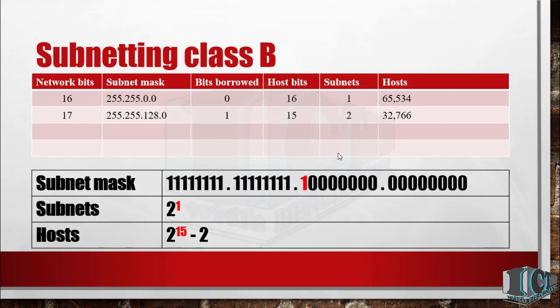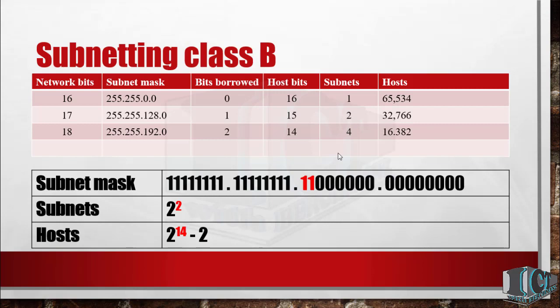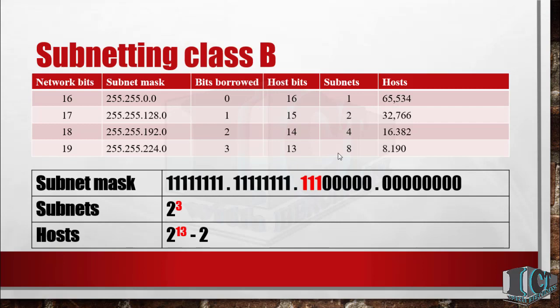The number of bits borrowed is 1, the host bits became 1 less than the ones we had earlier, and subnets 2. And another bit is borrowed, and the values will go on as follows. In the same way, I can reduce the number of hosts until 2 in class B subnetting as well. So this is how you are going to reduce the number of hosts using subnetting.